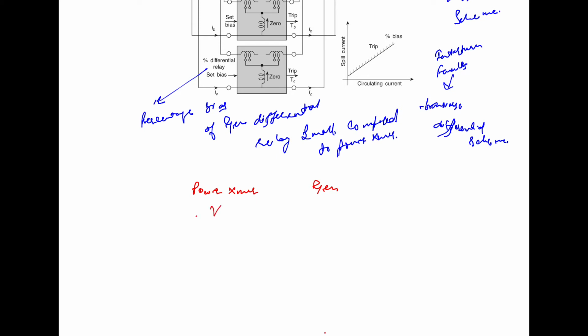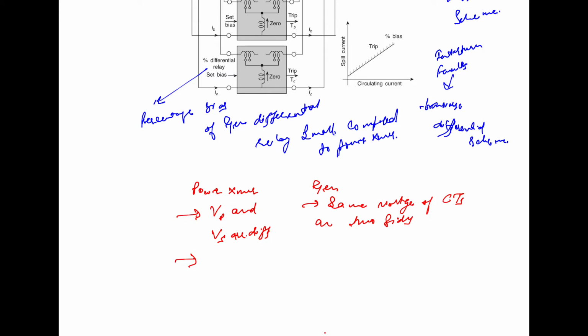In the case of a generator, the CTs on the two sides of the generator have the same voltage.